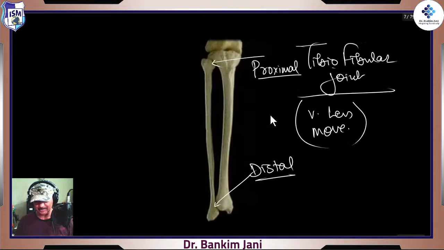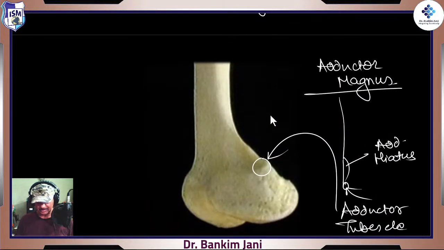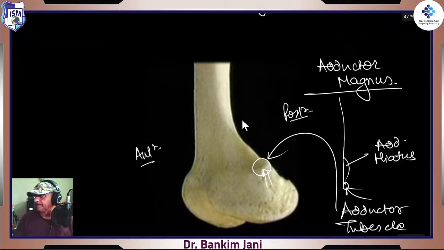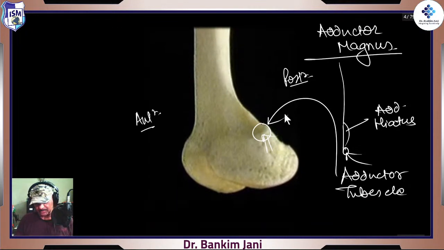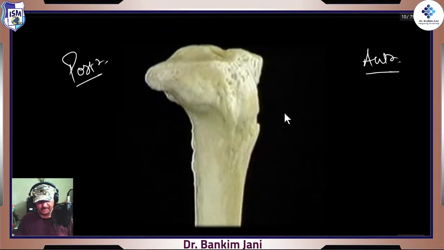The adductor tubercle is on the side, right? If you look at this bone, this is anterior, this is posterior, so it is on the side. That's where the adductor tubercle is. I'll let you know about the test right now. Okay, coming back to this.